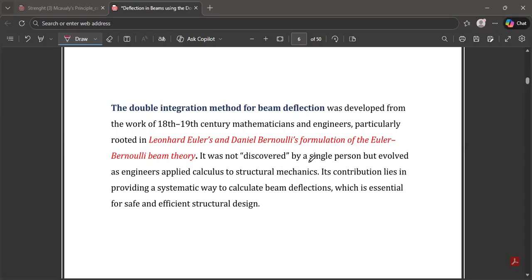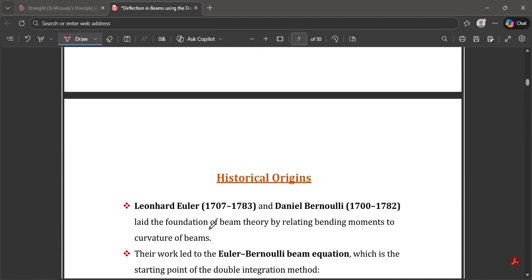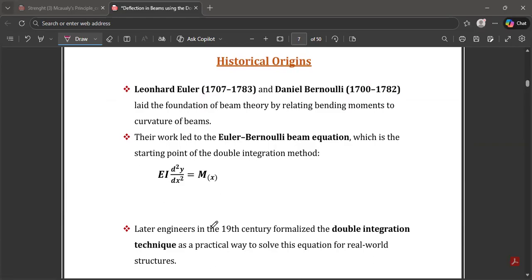It was not discovered by a single person, but evolved as engineers applied calculus to structural mechanics. Its contribution lies in providing a systematic way of calculating beam deflection, which is essential for safe and efficient structural design. Let's look at the history governing the double integration method.